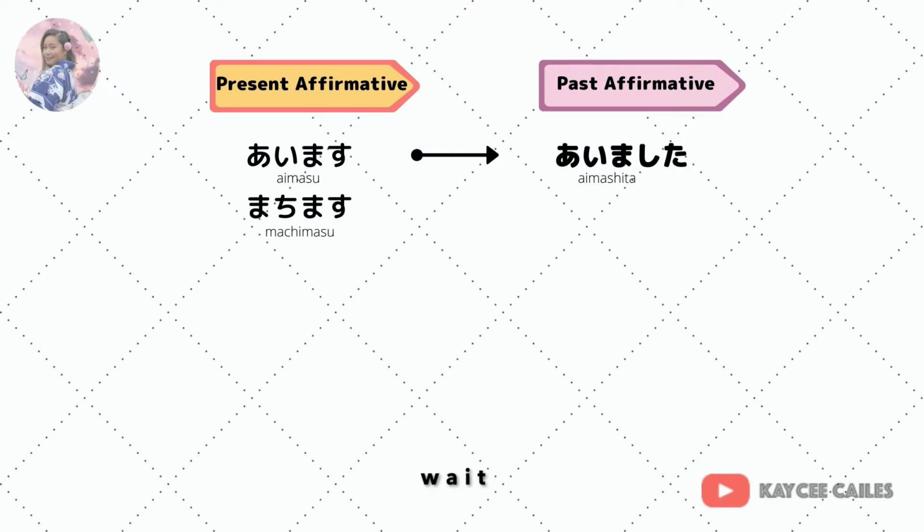Let us now compare the verb on present affirmative versus the verb on past affirmative. Aimasu will become aimashita. Machimasu will be machimashita. Kindly take note that these are examples of u verbs.